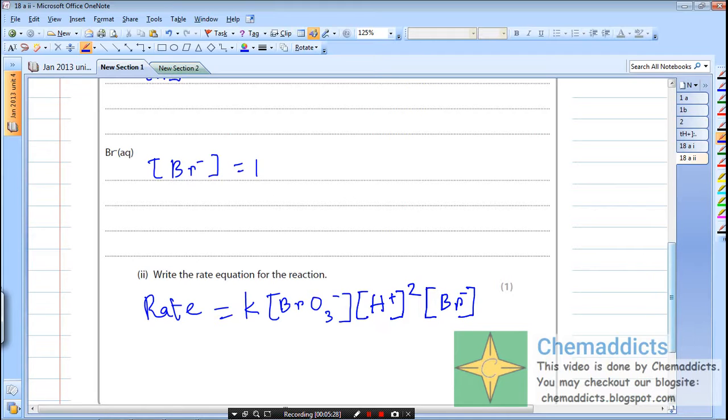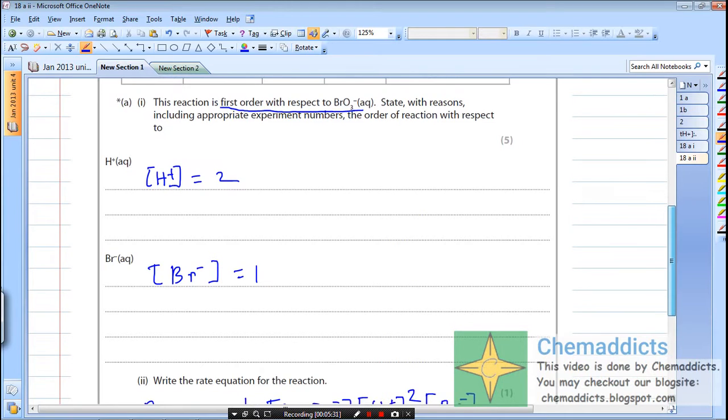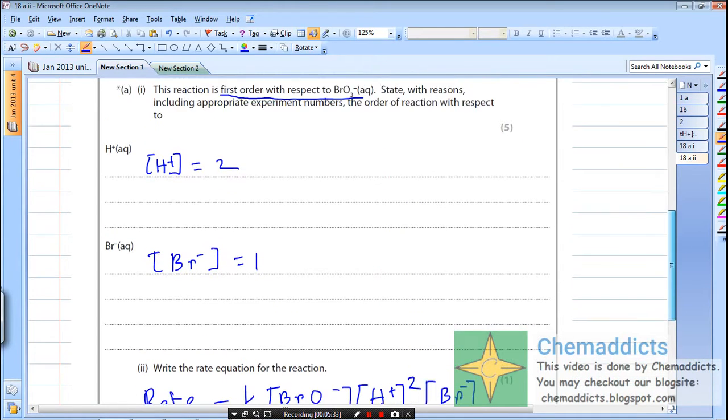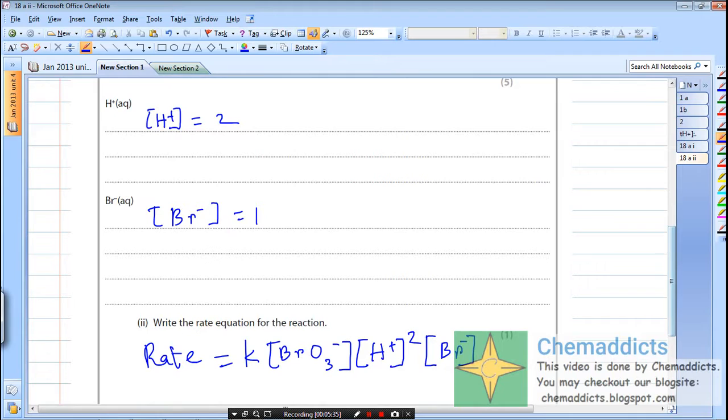Since the order of bromate is 1, the power is 1. We don't normally write 1, so we leave it like that. Then we will write the concentration of H plus, and then the order of H plus in power. And the order of bromide is 1, and we will write like this.